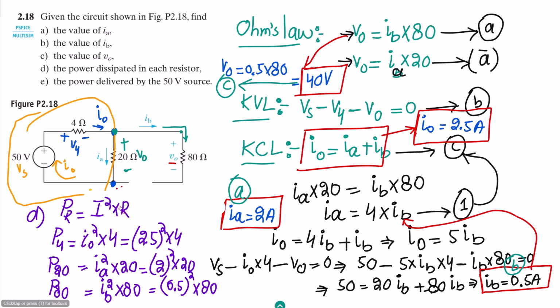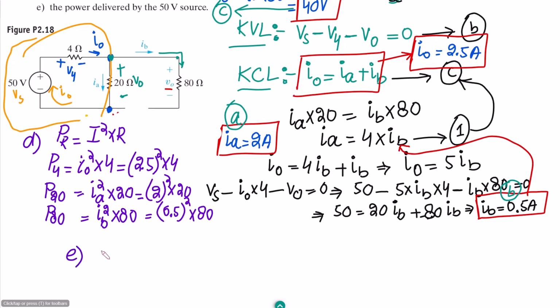Also the power delivered by the 50 volt source. Let me move down. So part E, for the source, the power delivered is source current into source voltage. VI or IV, similar thing.